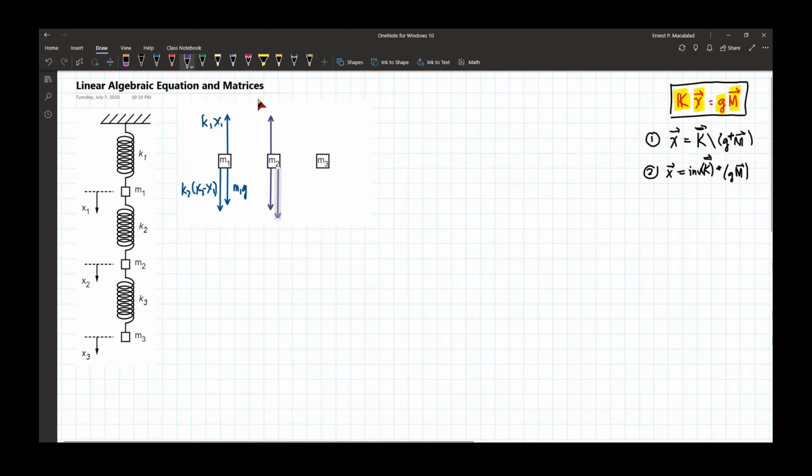So the force upward would be K2 times x2 minus x1. And then downward would be m2 g and K3 times x3 minus x1. And then lastly, for M3, there are only two forces because there is, of course, gravity that is directed downward.